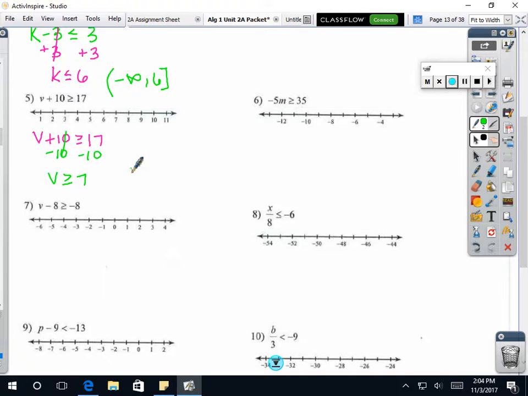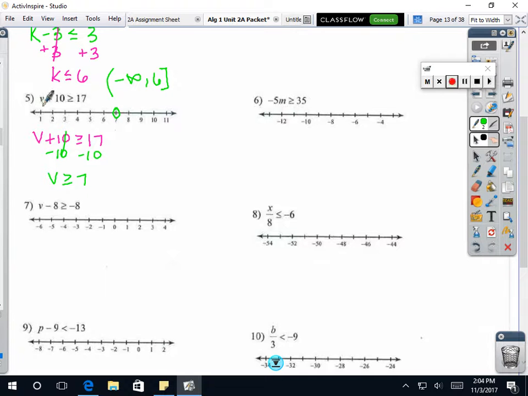Let me say it again. You've got to understand why there are more solutions than just one. Aren't there lots of numbers that when added to 10 will be greater than or equal to 17? Yeah, pretty much 7 and up, if you add 10 to it, it's going to be greater than or equal to 17. So, you represent that by drawing a circle on 7.